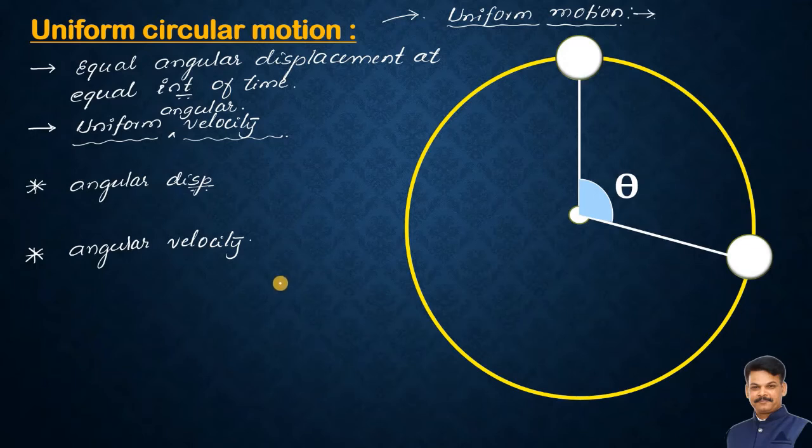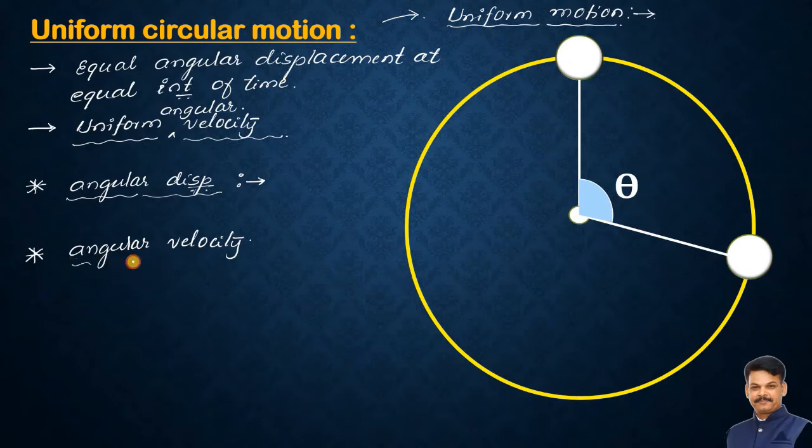Right. If you want to consider the angular displacement, then you have to say that if the object is covering equal angular displacement or making equal angular displacement at equal interval of time, then it is called uniform circular motion.